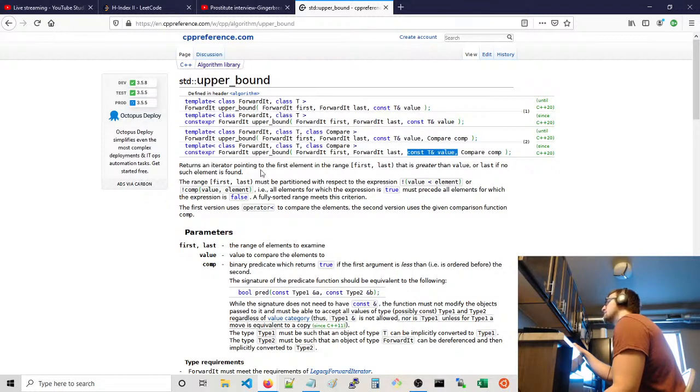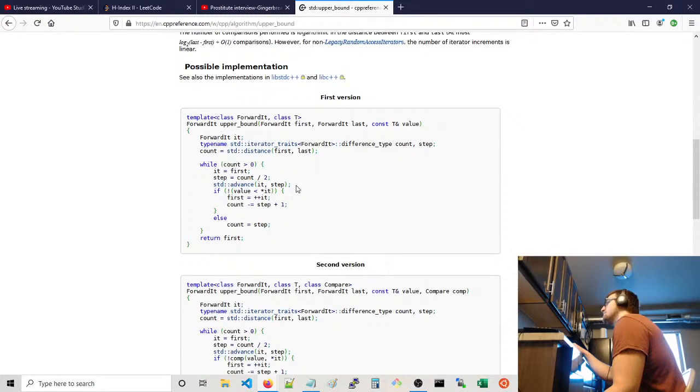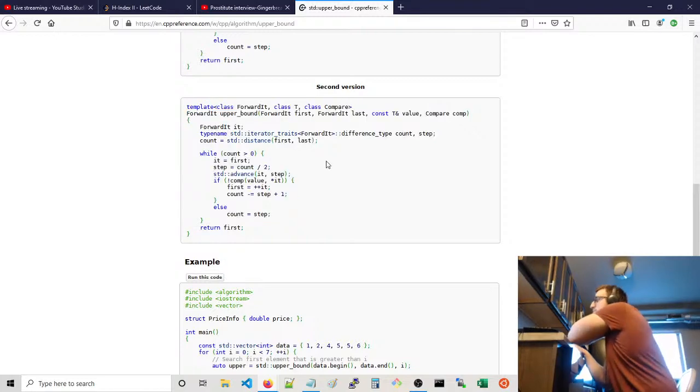Greater than value or less. No such element is found. Yeah, I don't know. Really interesting, this routine.